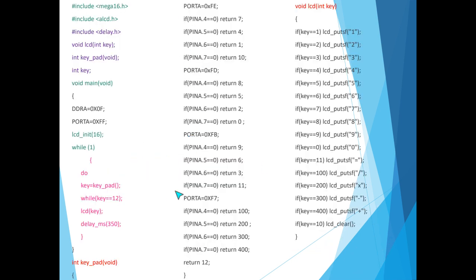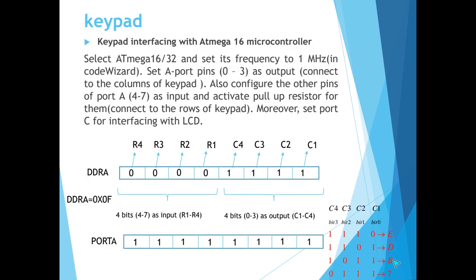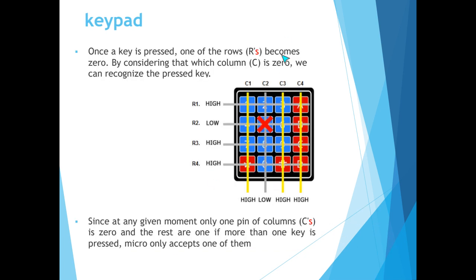And in the next step, we try hex number B, meaning that this bit, which is connected to C3, is going to be 0. And then, by having this column equal 0, we again read the register by the PIN register, the value of bits 4, 5, 6, 7, which are connected to R1, R2, R3, R4.